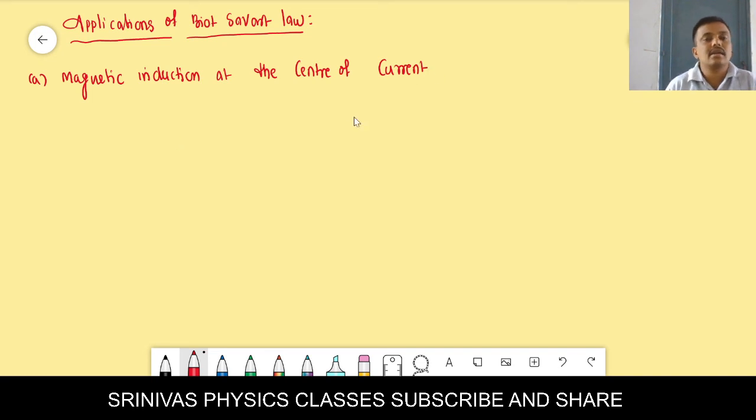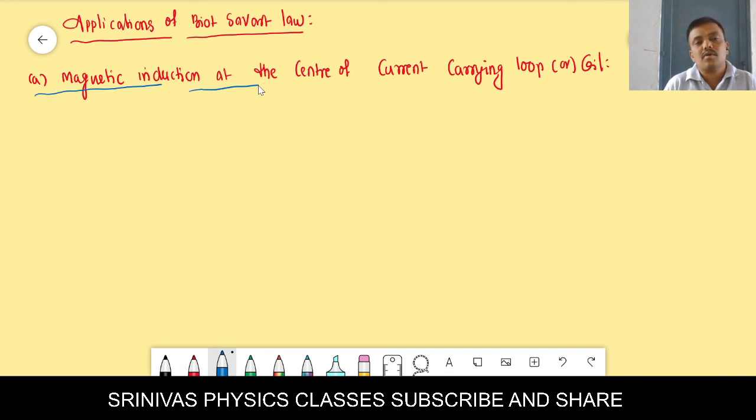Magnetic induction at the center of a current carrying loop or coil. This is our topic. What we have to do here is find out the magnetic induction at the center of the current carrying coil or loop. We have to apply the Biot-Savart law here.